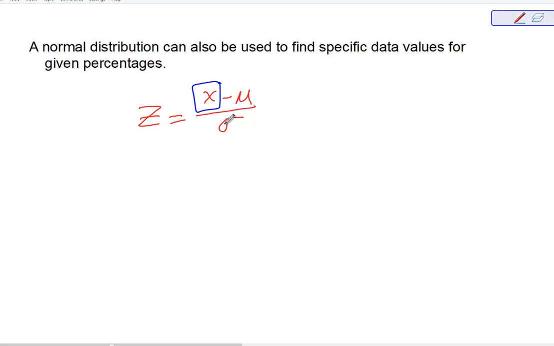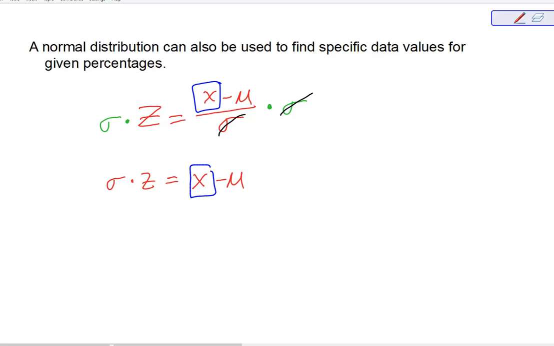In order to undo division, the opposite of division is multiplication. So I'm going to multiply both sides by my standard deviation. When I do that, it will cancel these out, and I'm left with standard deviation times z is equal to my x minus the mean.